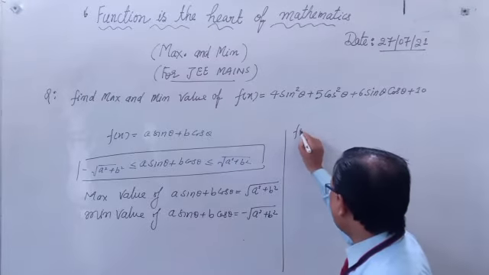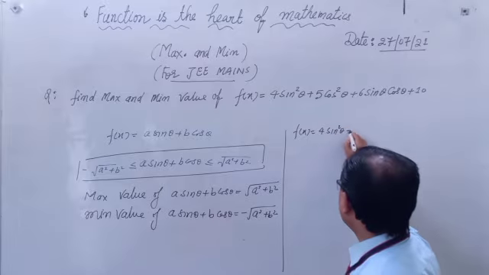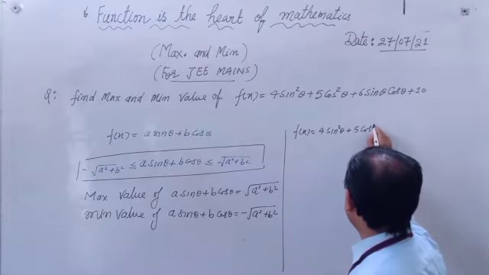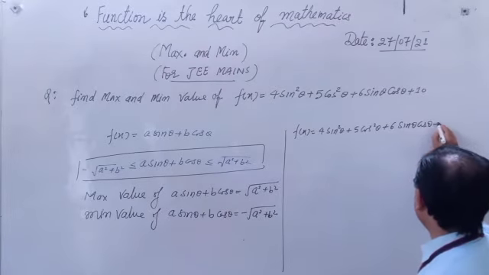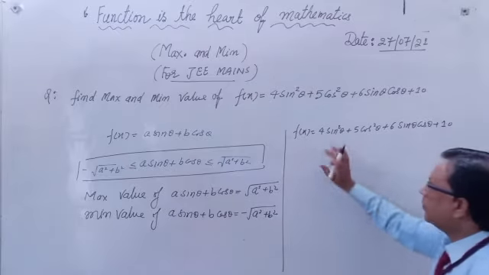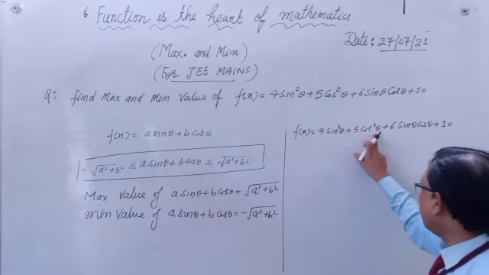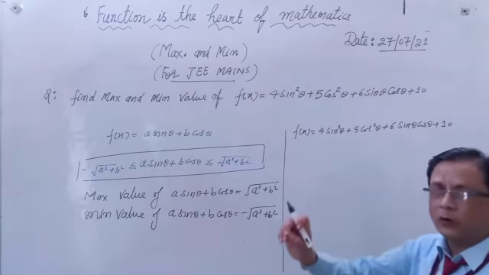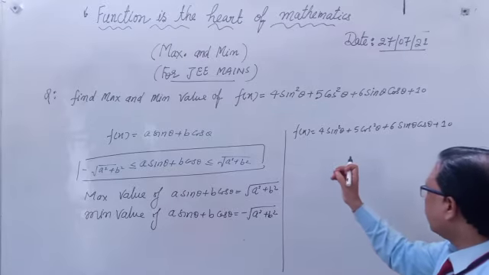Here the function f(x) is given: 4 sin square theta plus 5 cos square theta plus 6 sin theta cos theta plus 10. This is your function. We can write 5 cos square theta as 4 cos square theta plus cos square theta.